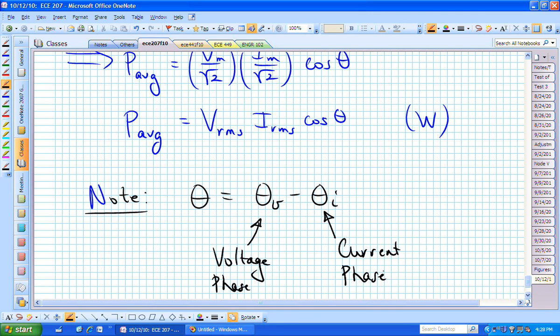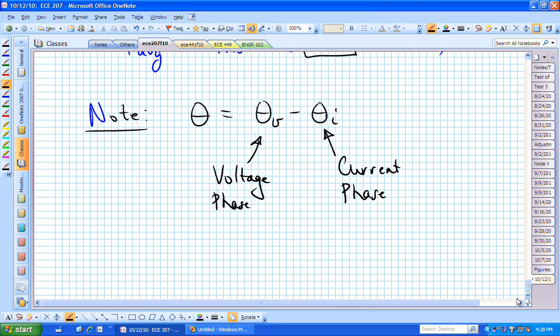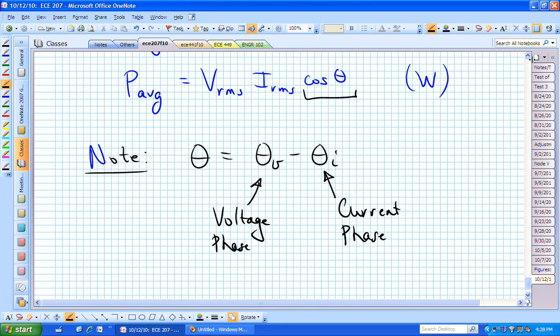If you were thinking about a resistor, or just a DC circuit, you would say the power of that resistor is V times I. This sort of looks like that, except for that cosine of theta, and this cosine of theta is creeping in there because we now have inductors and capacitors present. That's now reducing our average power by a certain factor, depending on that angle theta, or the separation between our voltage phase and the current phase.